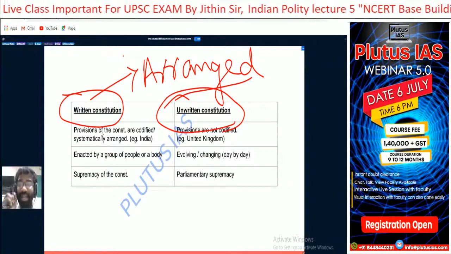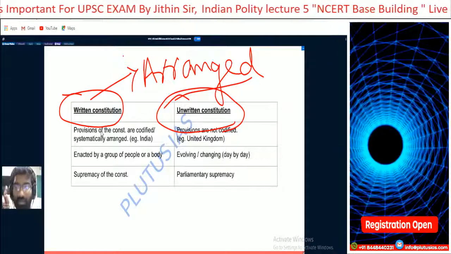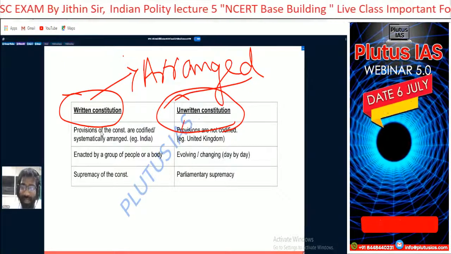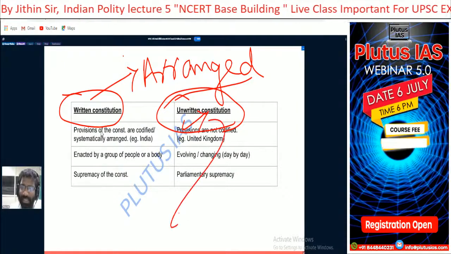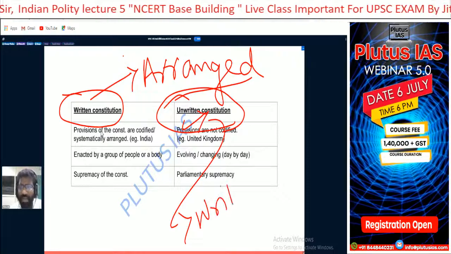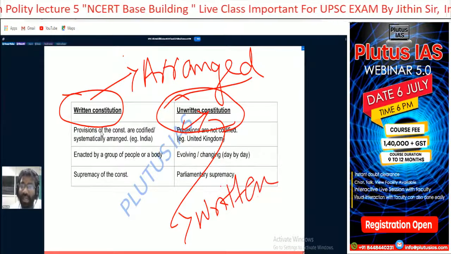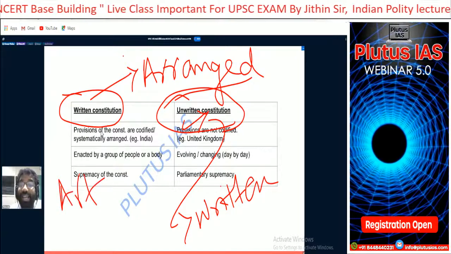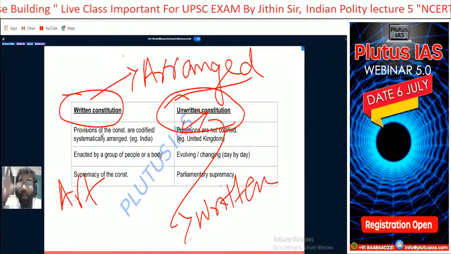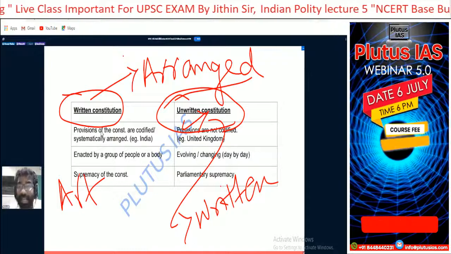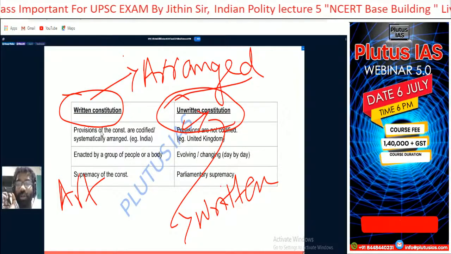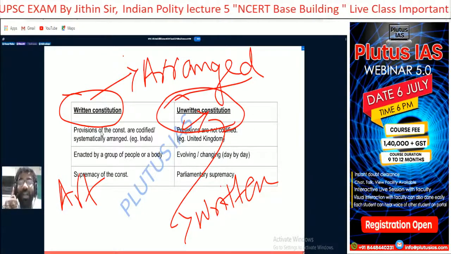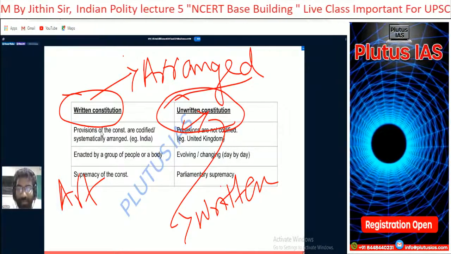Even in an unwritten constitution, the provisions are written, but the provisions like articles are randomly arranged. There is no pattern. It is randomly arranged.